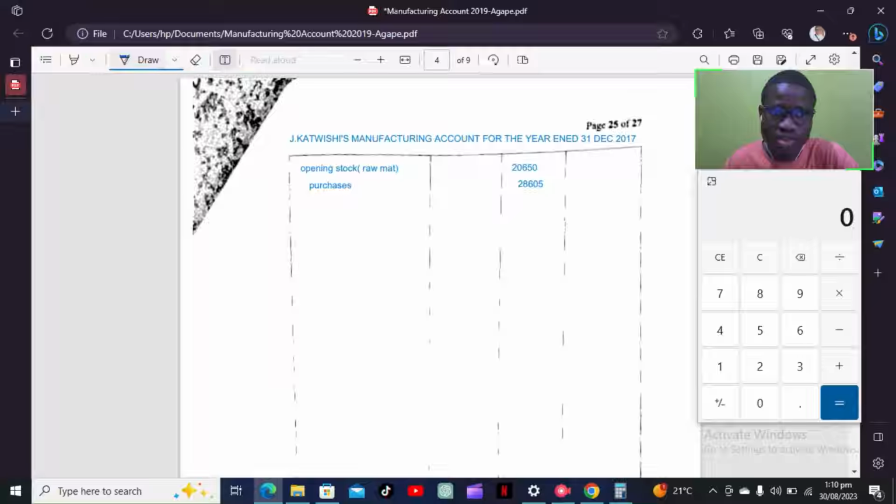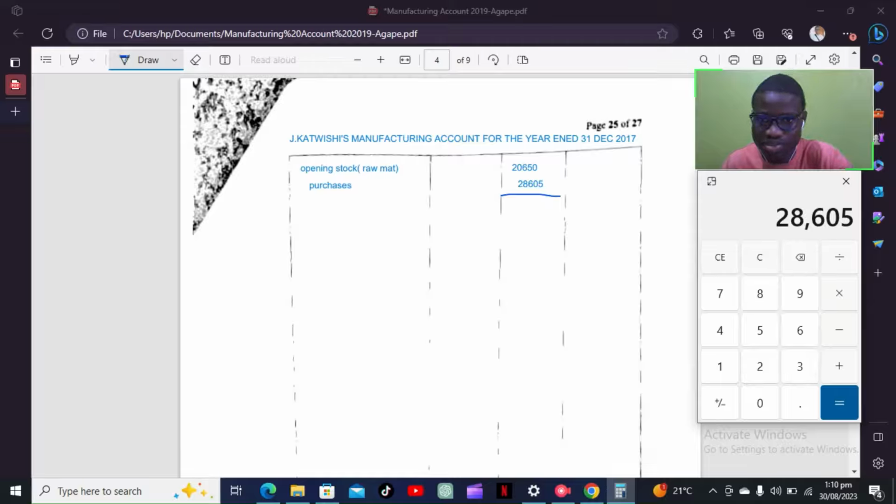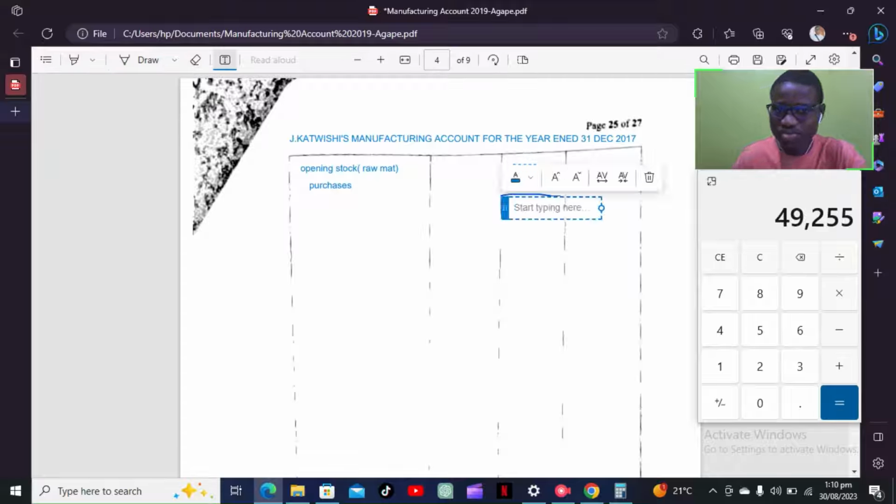Then from there, we are going to add this. When you add 20,650 plus 28,605, what are we getting? We're getting 49,255 kwacha. So this 49,255, we're going to write it down here.